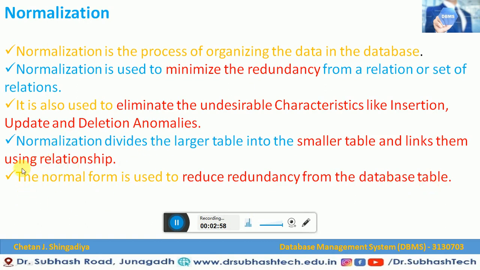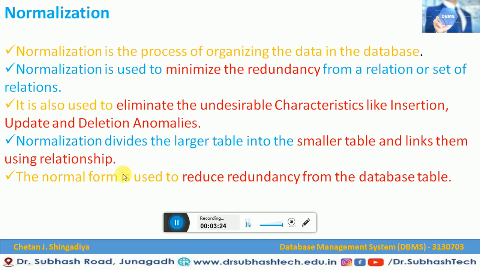We already said that there are various normal forms in normalization, and they are used to reduce the redundancy from the database table. So this is a simple understanding of normalization: the definition, where we can use it, what is the importance of normalization, and why we study these normal forms for the database.